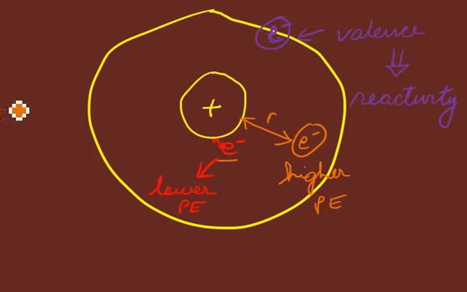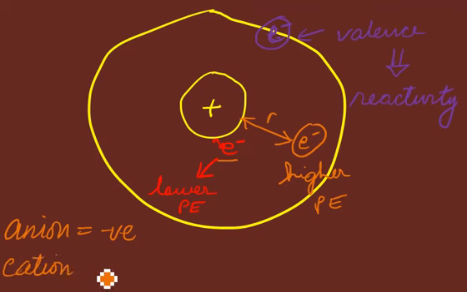Now, I'm sure we all know what an anion is. An anion is a negatively charged atom, and a cation is a positively charged atom. Now, I used to get confused with negative and positive until one of my friends suggested a way to remember it. The anion, the way you can remember it as negative is because it has an N. The cation does not have an N, right?